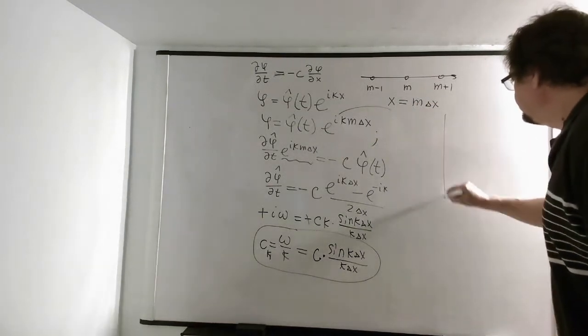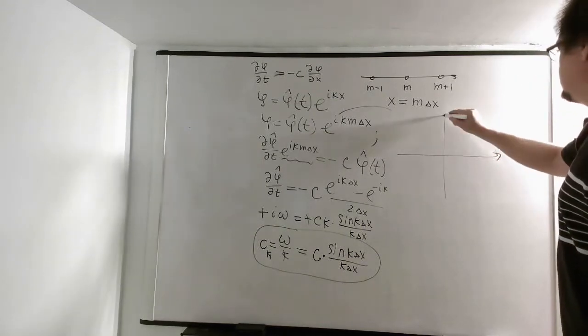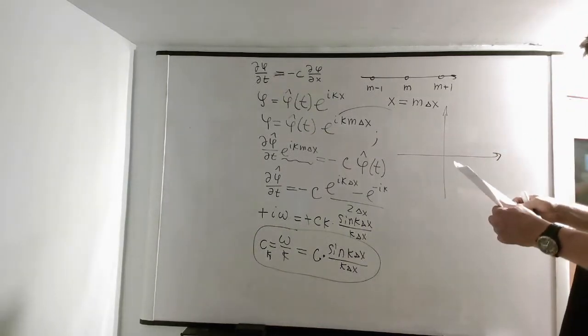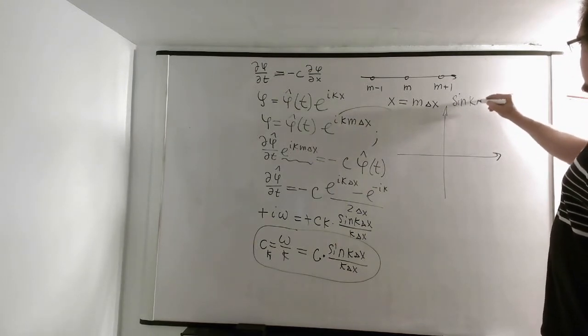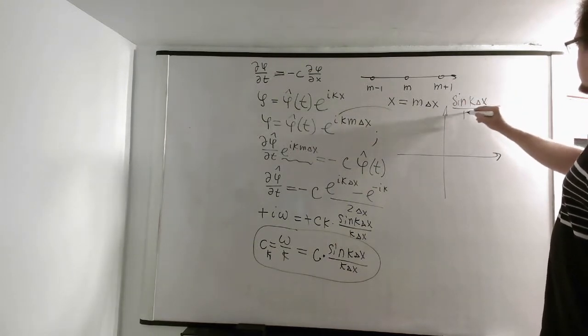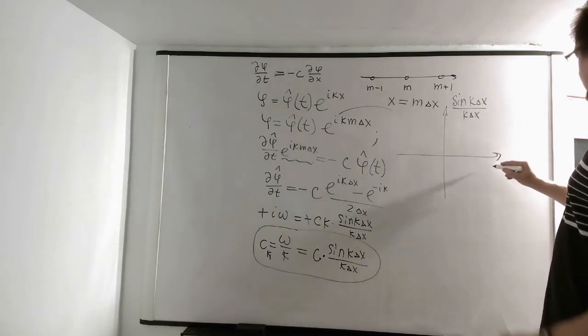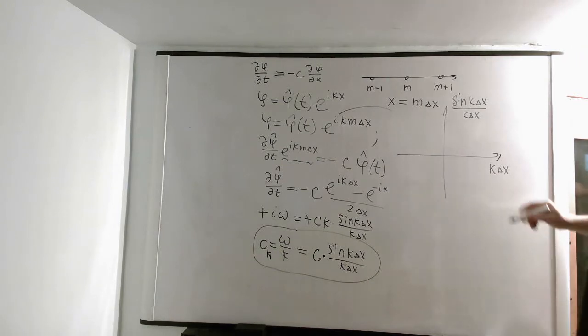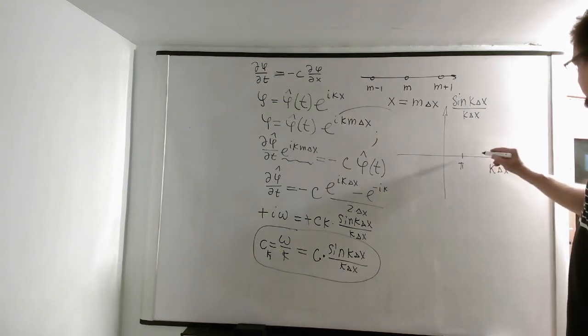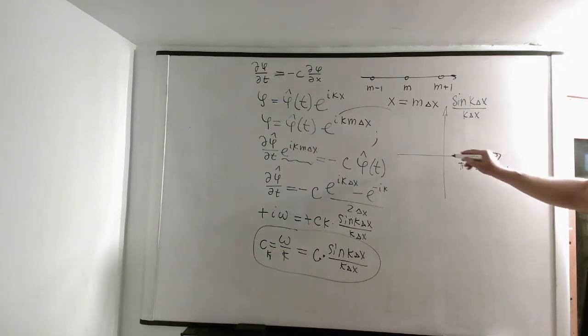Well, let's plot it. So we have the following plot. This is our modification factor, and this is k delta x. So we have here pi, here is 2 pi, here is 0.